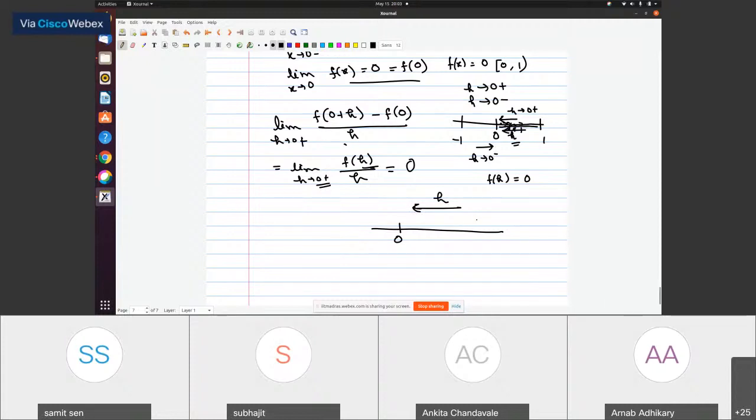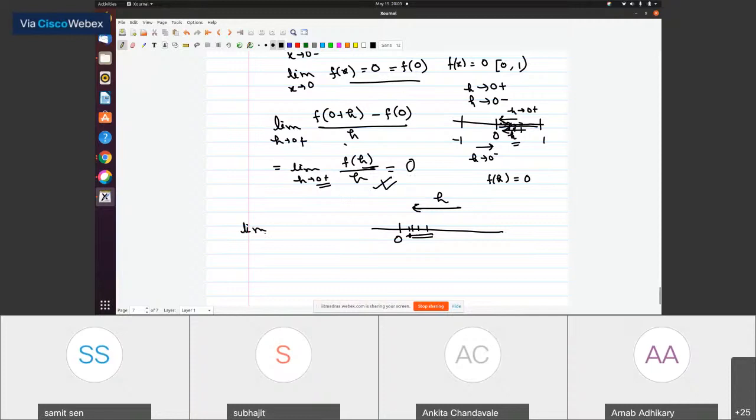Whatever value we take on the right side, everything is 0 here, the functional value. So this limit will be 0. Is it clear?